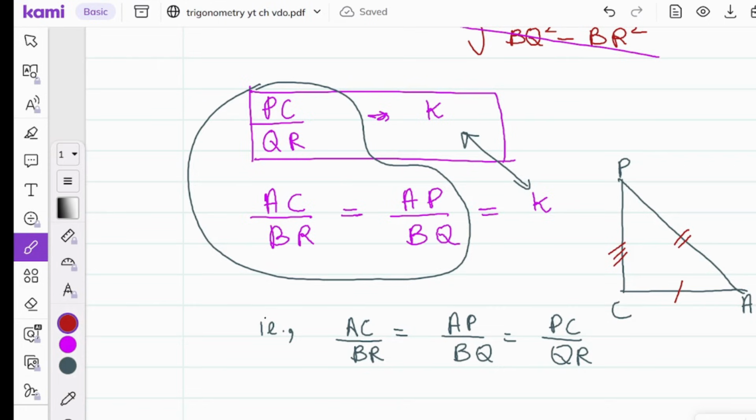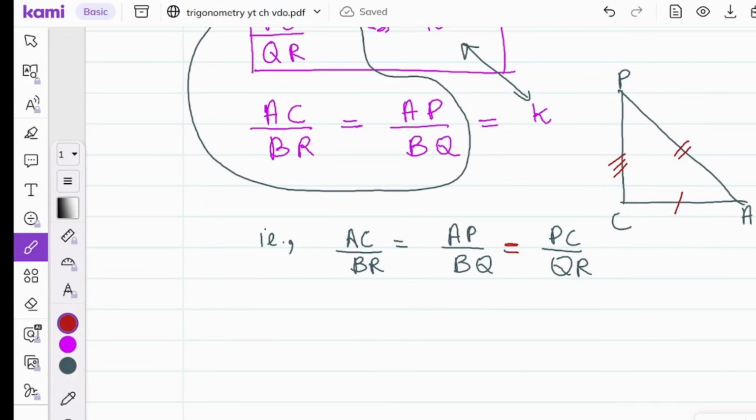So now I am able to prove the proportionality of all sides. It means these two triangles are similar. Therefore, triangle PCA is similar to triangle QRB by SSS similarity criterion.